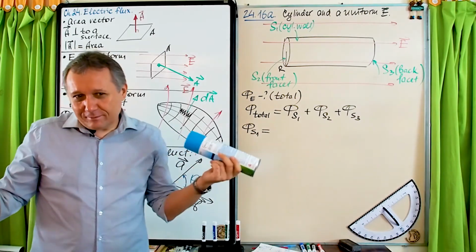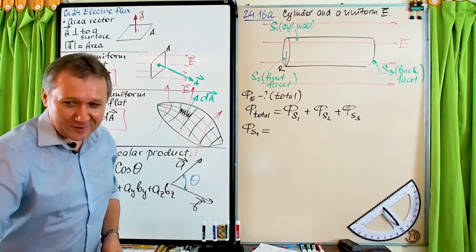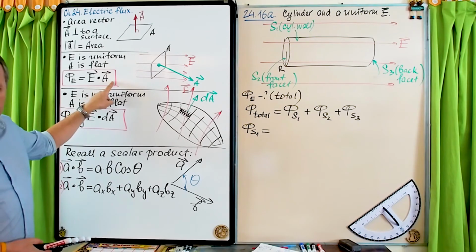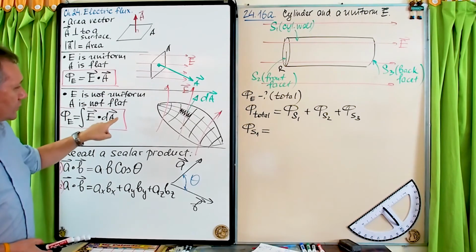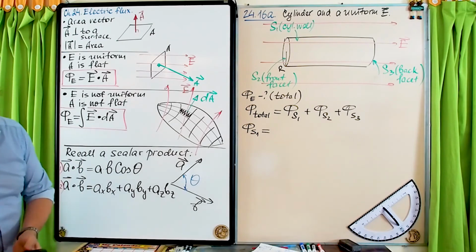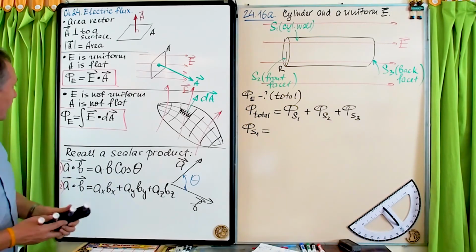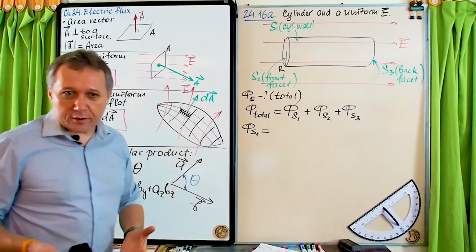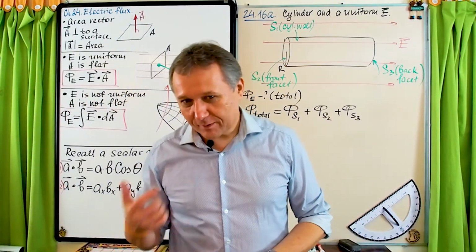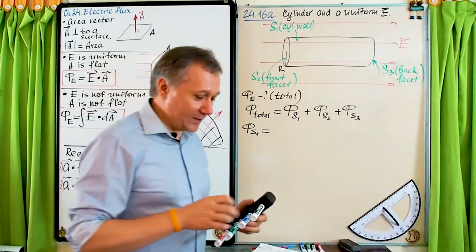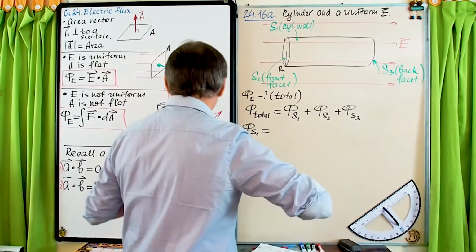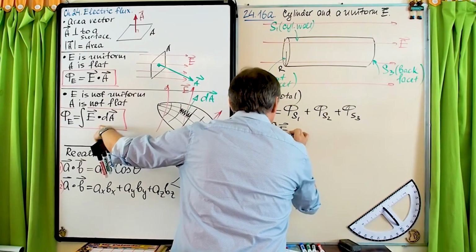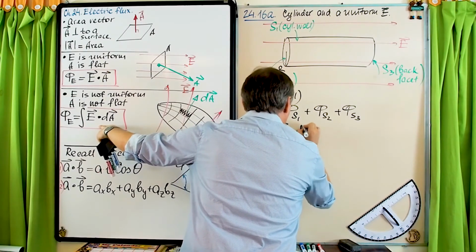It's not a flat surface, period. So we no longer can use this formula. We have to use that one, which again, strictly speaking, is calculus 3. But we will see that in this case, it's not that bad at all. The integral of E dot dA.